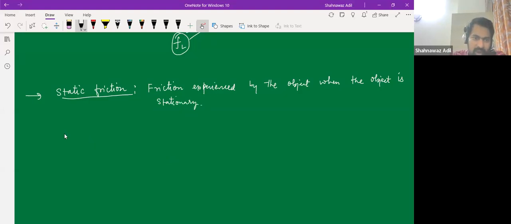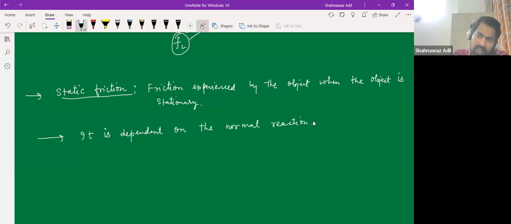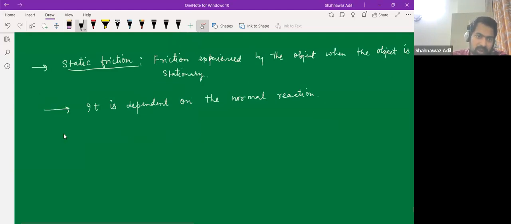And we also know that it is dependent on the normal reaction. Okay. And it does not depend upon the area of contact.